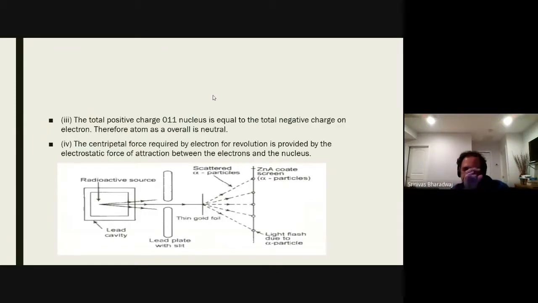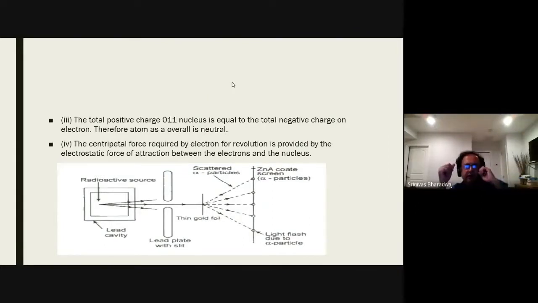Now this nucleus is right here and the electrons are so far away. What keeps these electrons in this space is the electrostatic force. It's a much stronger force, and that allows these electrons to be so far away from the nucleus.